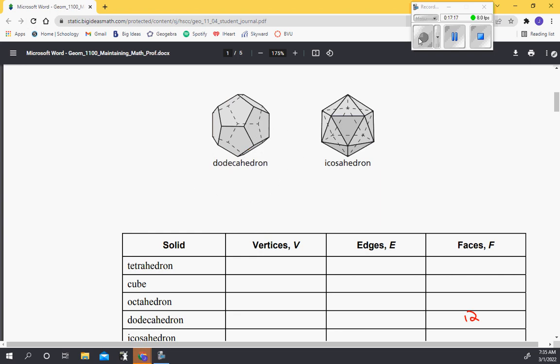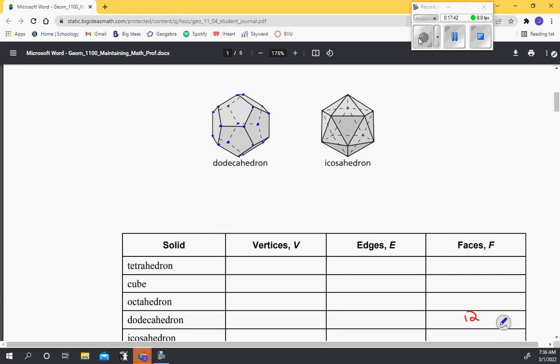And there are how many vertices? 1, 2, 3, 4, 5, 6, 7, 8, 9, 10, 11, 12, 13, 14, 15, 16, 17, 18, 19, and 20.